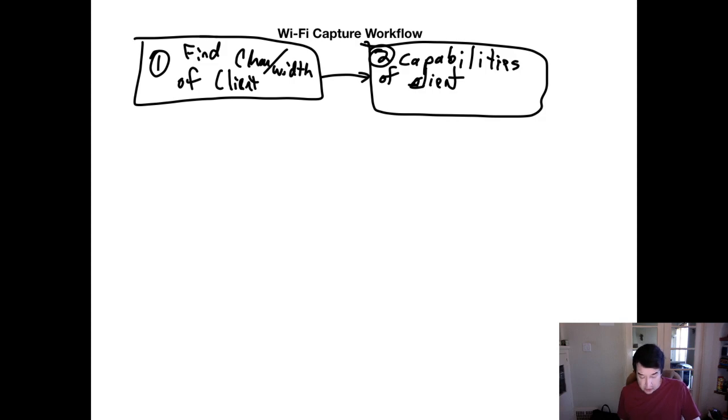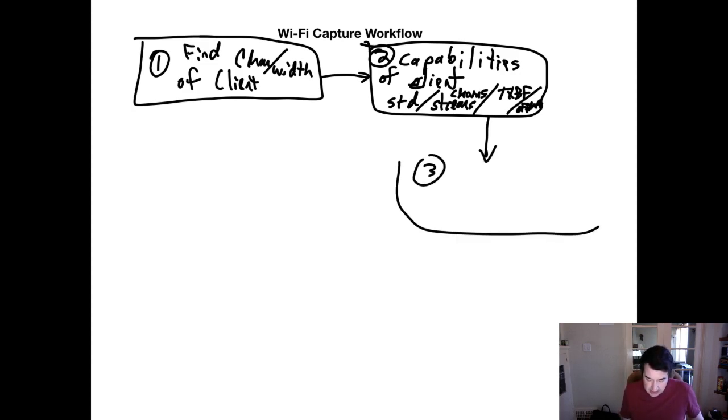So I need to know, what standard is the client using, how many MIMO streams, radio chains does that client support? Is that client using TXBF, or is that client using OFDMA? Is there anything about that client's capabilities that I don't have?